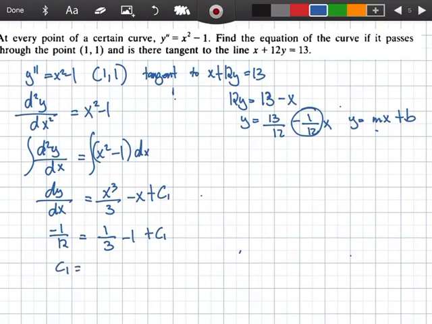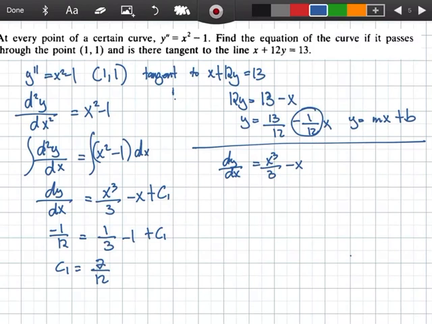Negative 1 over 12 plus 1 minus 1 third. That is 7 over 12. So, c1 is equal to 7 over 12. So, we can write dy/dx is equal to x cubed over 3 minus x plus 7 over 12.